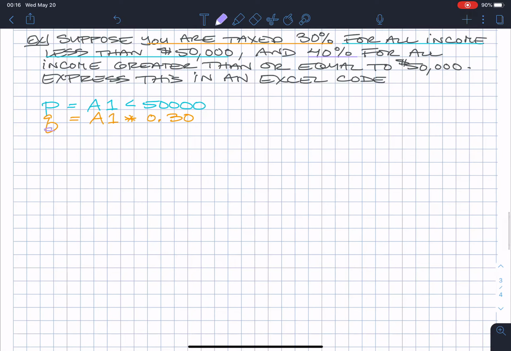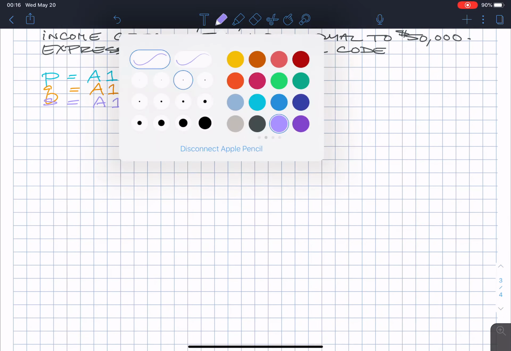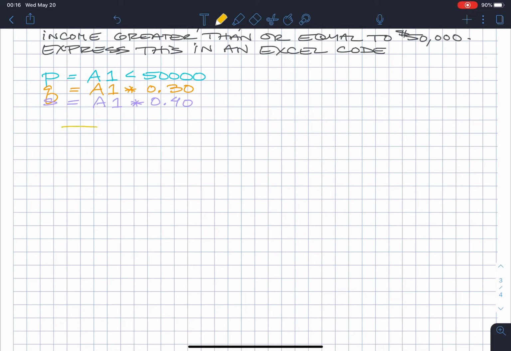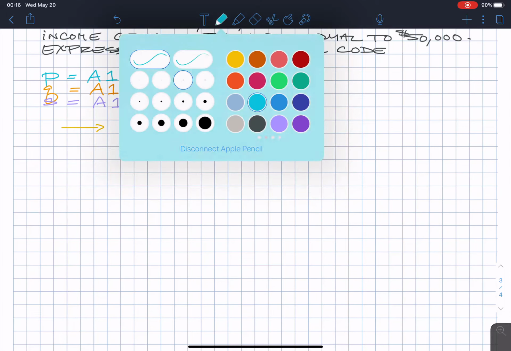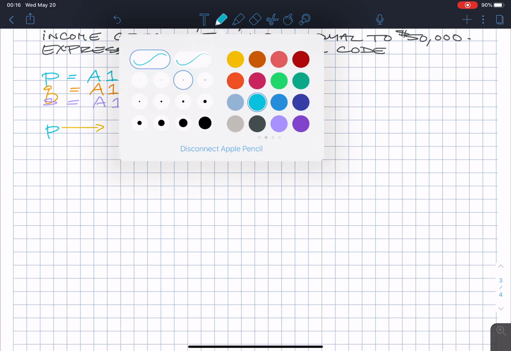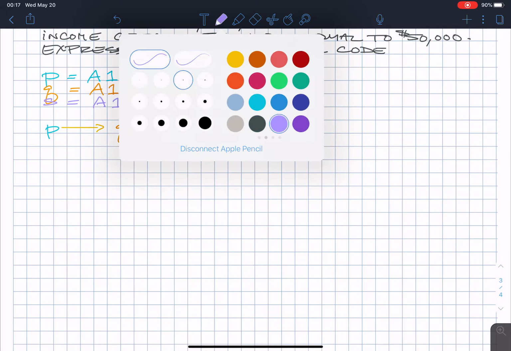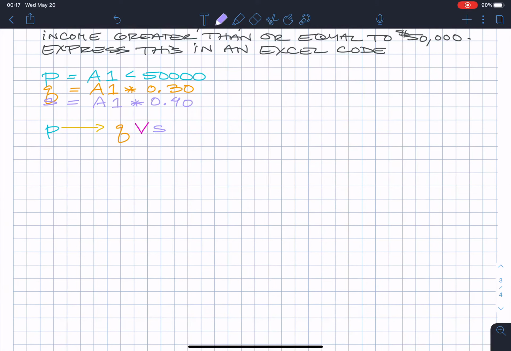So S would be A1 times 40% if it's not less than $50,000. The way we would translate this, we know it's an if-then. If the entry in cell A1 is less than $50,000, then we'll tax at a 30% tax rate. Otherwise, we will tax at a 40% tax rate.